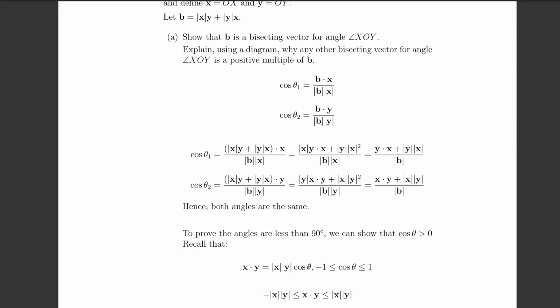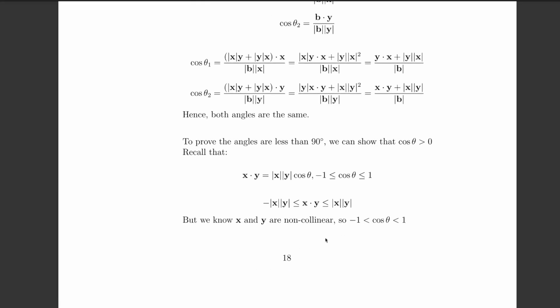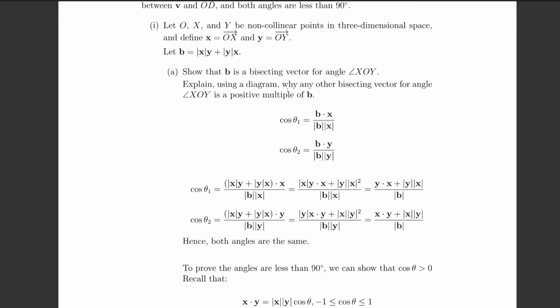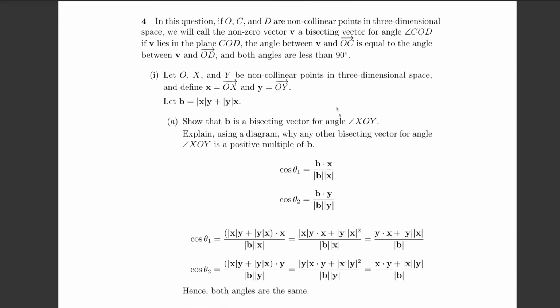So we know that cos theta is strictly between -1 and 1, and from there we can say that this inequality holds. So these cosines are greater than 0, which means both the angles are less than 90 degrees. So B is a bisecting vector.